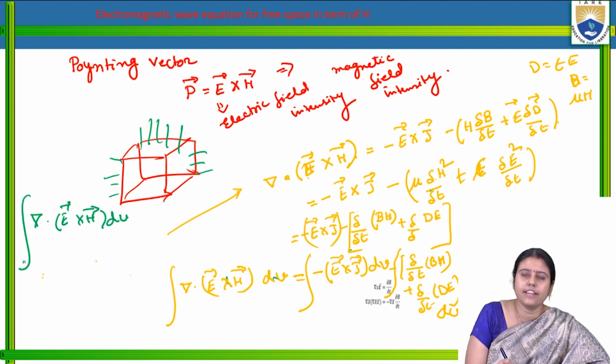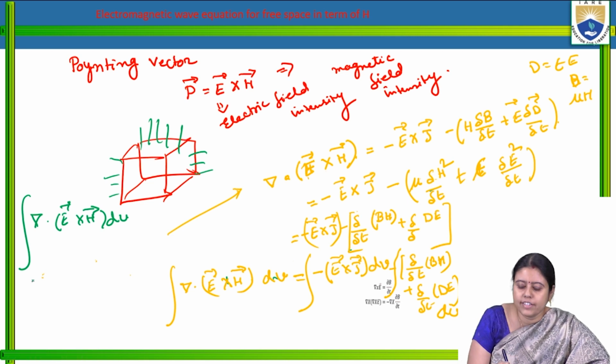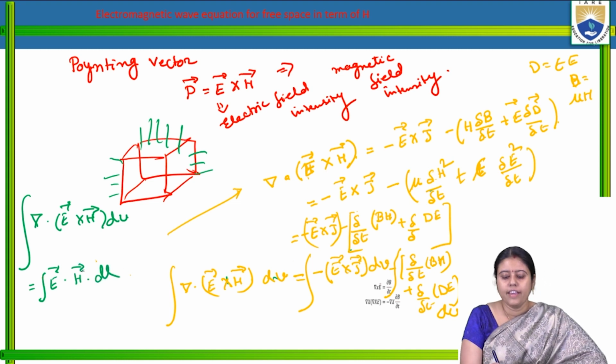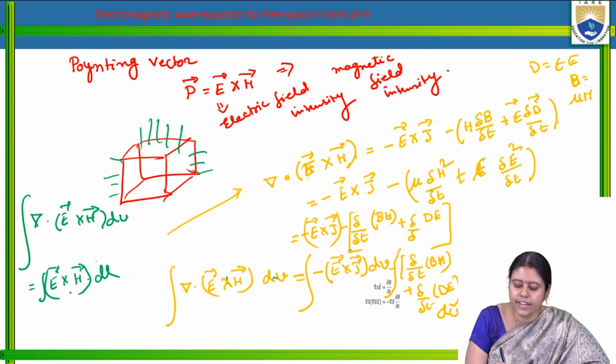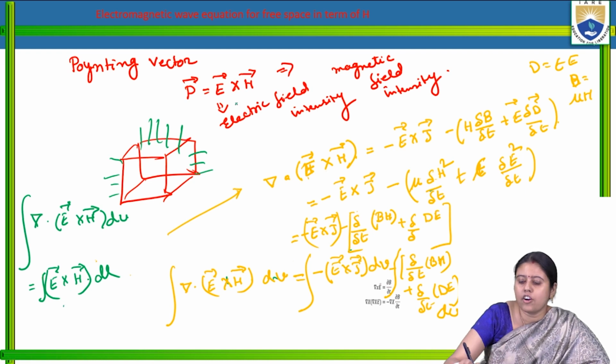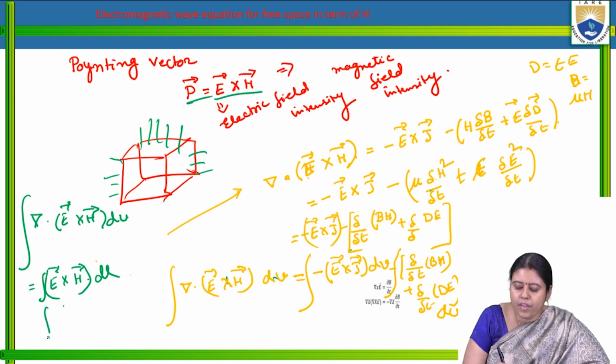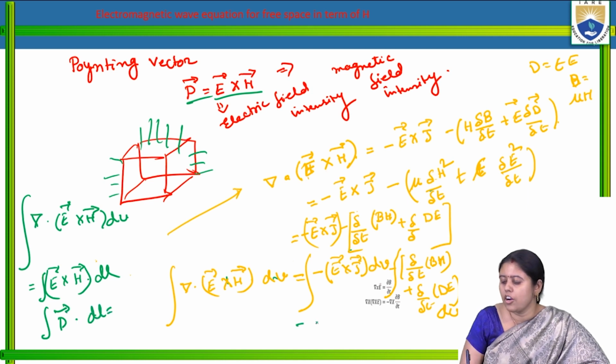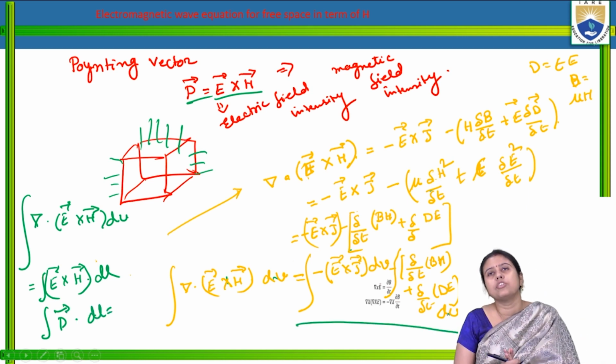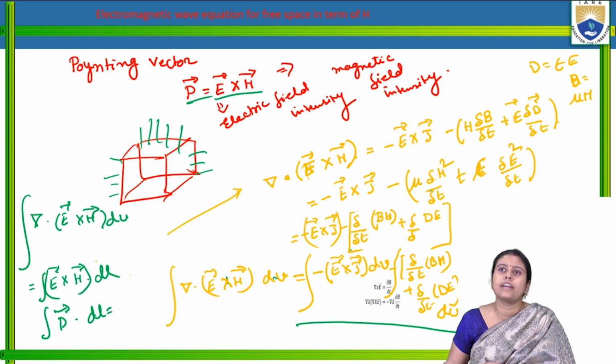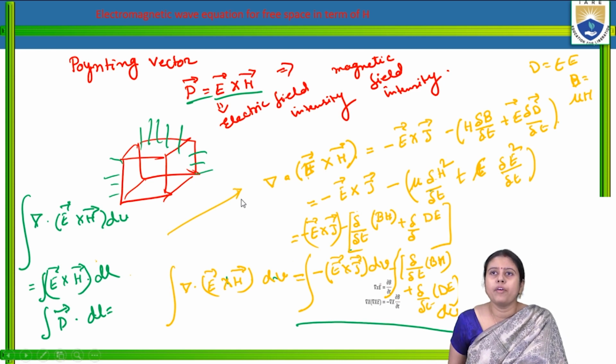If we take the integration, we will use the divergence theorem and we will get E cross H dl. And what is the value of E cross H? E cross H is the Poynting vector. P dot dl is equal to this big equation. So this is the Poynting theorem for the wave equations.